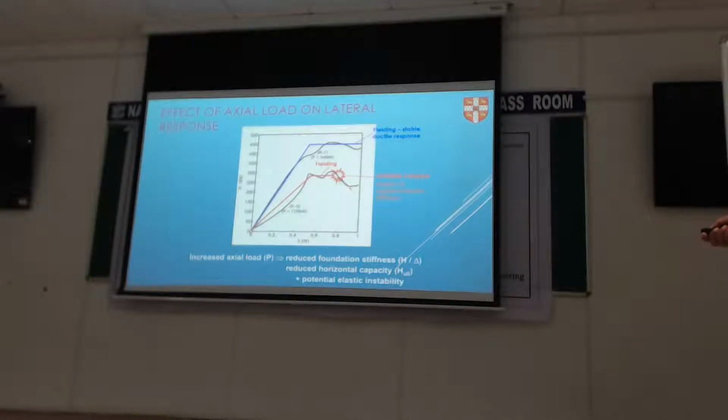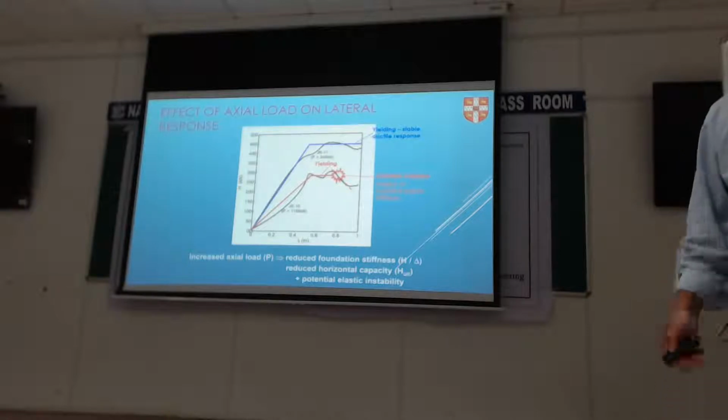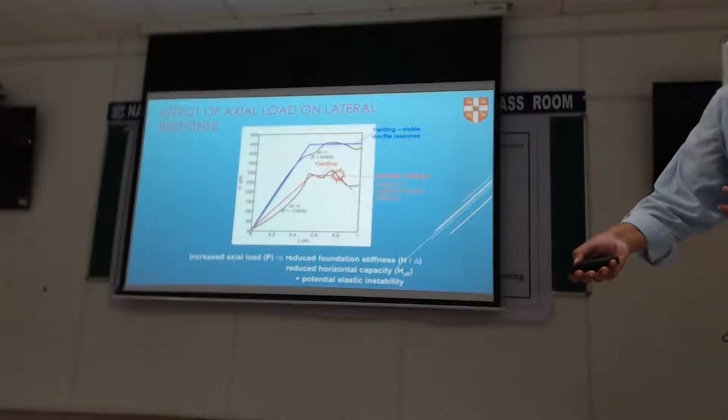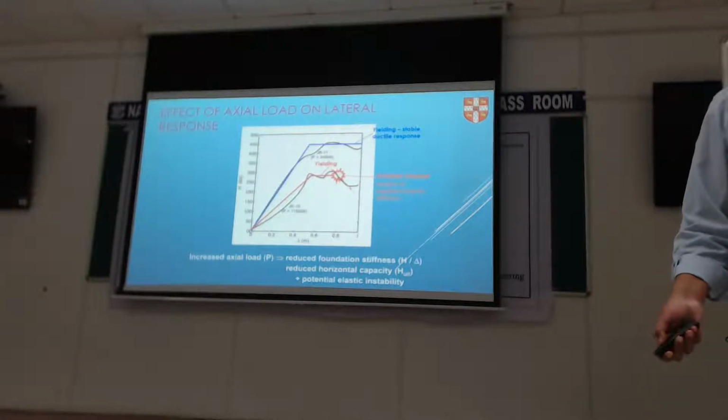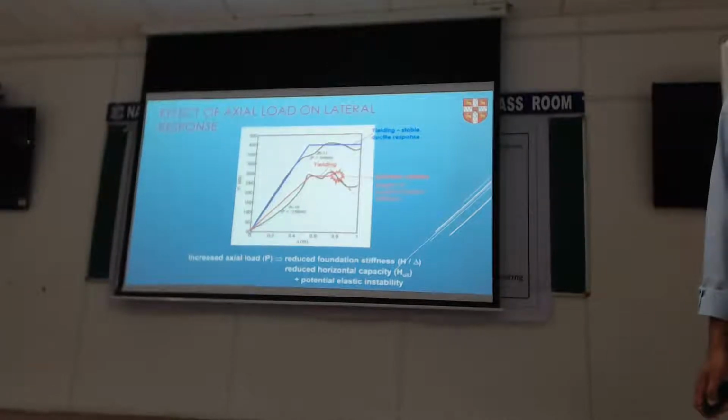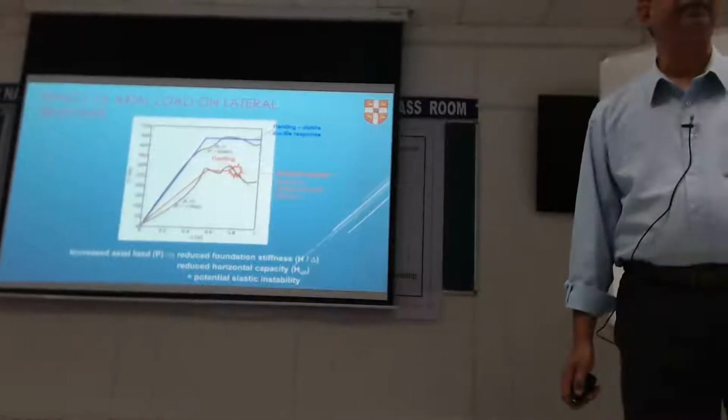Now, if I load my pile heavily, I go up and follow a similar concept, I'll get to a point where it seems to fail. The reason is if I plot my black line, which is the experiment, it comes there and has a negative slope. So when I encounter negative slope in this type of plots, that means the system will run away to failure, which is what we call instability or buckling in previous classes.